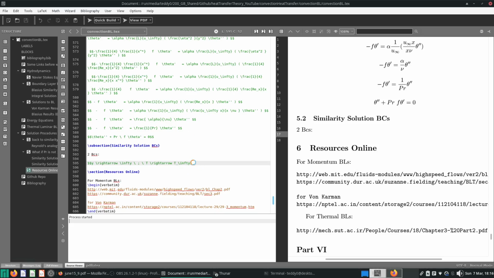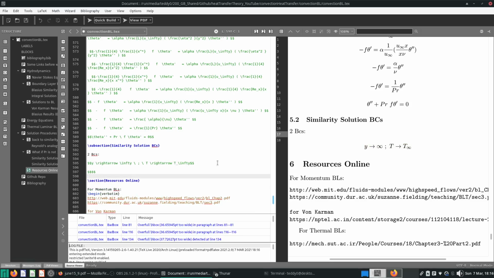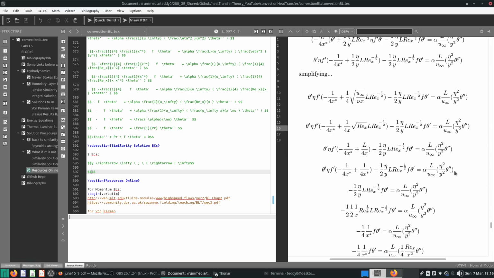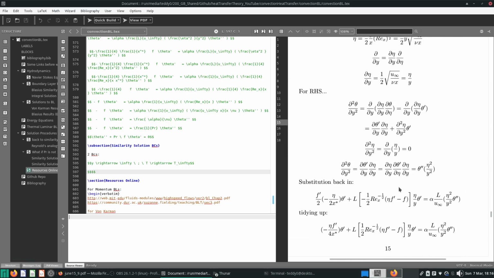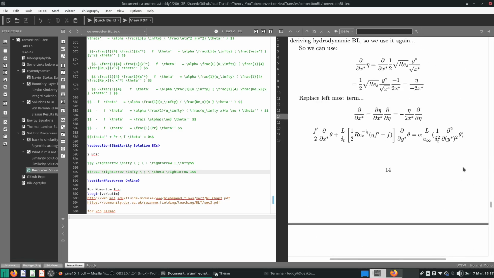So from this boundary condition, what can we infer? As y goes to infinity, eta will go to infinity as well. So we can write eta goes to infinity, as the similarity variable goes to infinity. So what does the dimensionless temperature go to? The dimensionless temperature goes to 1. Theta goes to 1.